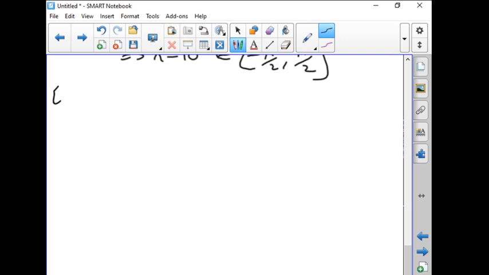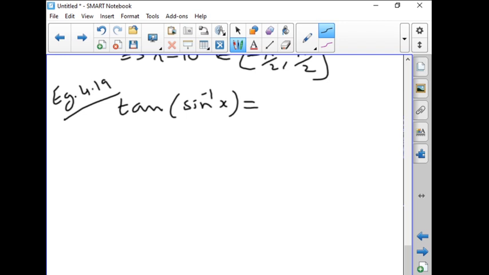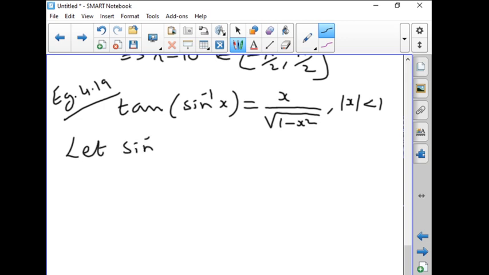So here we have to prove that tan of sine inverse of x is equal to x by root of 1 minus x square for modulus of x less than 1. So here we will assume let sine inverse of x is equal to theta. Therefore, we get x is equal to sine theta.